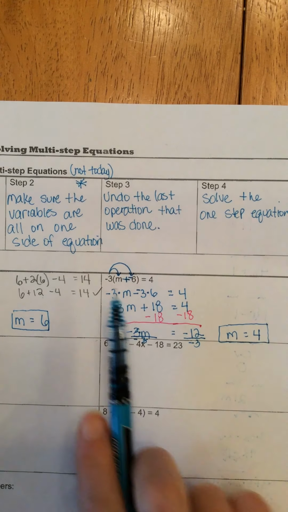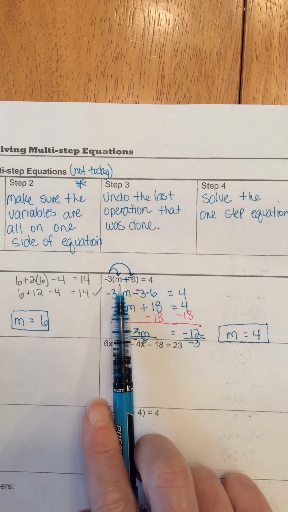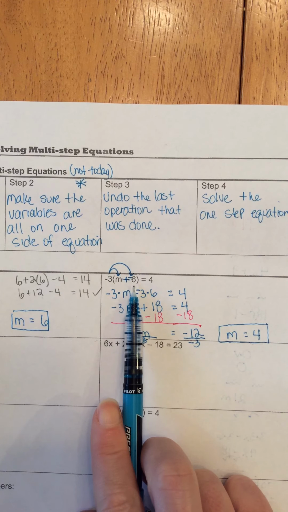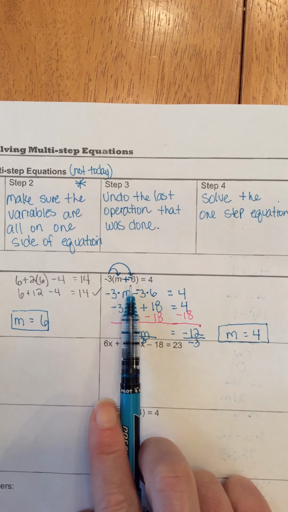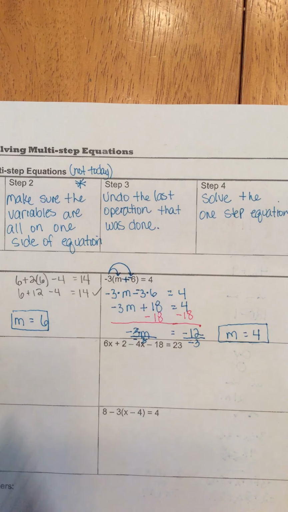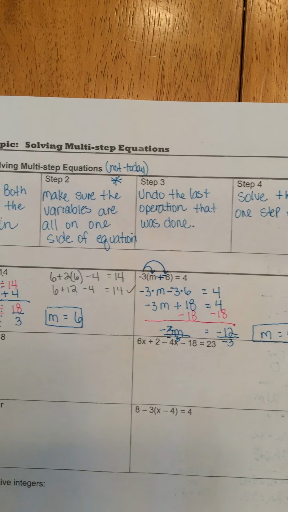Again, going back and checking, if you would put 4 in here, 4 plus a -6 is, yeah, 4 minus 6 is a -2. -3 times -2, that would work out.